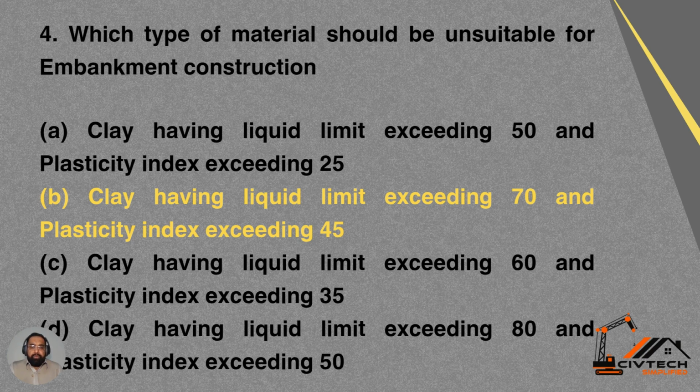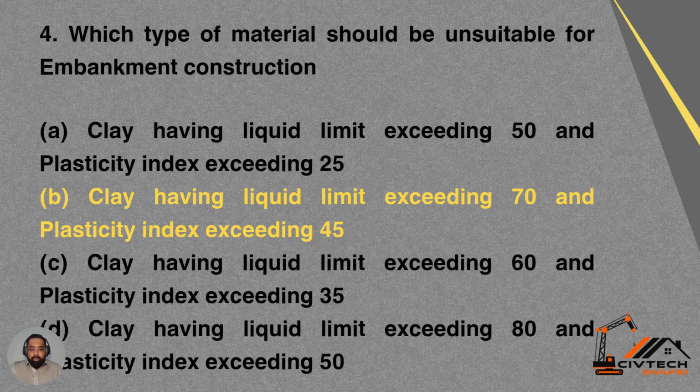Question 4. Which type of material should be unsuitable for embankment construction? Option A, clay having liquid limit exceeding 50 and plasticity index exceeding 25.